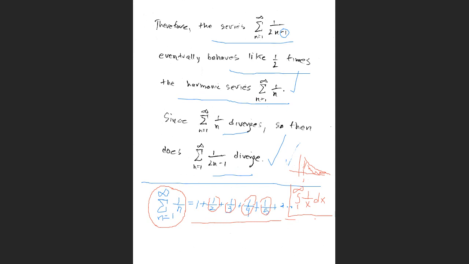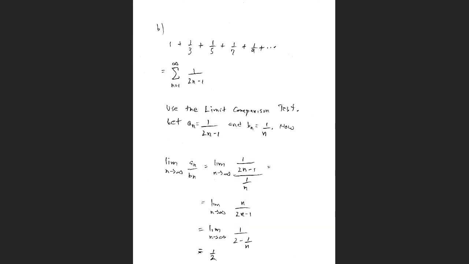But the question is, like in this problem here, when we let b sub n equal 1 over n, you knew that a sub n was equal to 1 divided by 2n minus 1. The question is, how do we find b sub n?